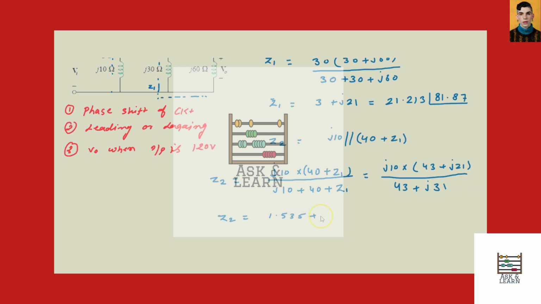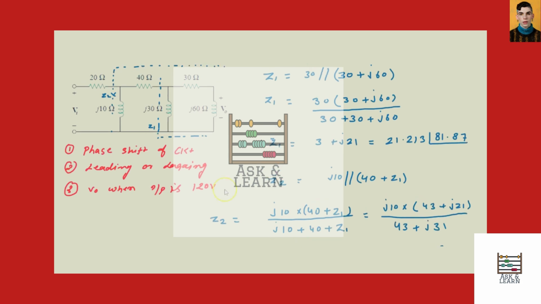1.535 plus j8.896, and when we convert this value into polar form, then the result will be 9.028 angle of 80.21. Okay, so we calculated the values of Z1 and Z2, and the impedance Z2 is in series with the 20 ohm resistor.